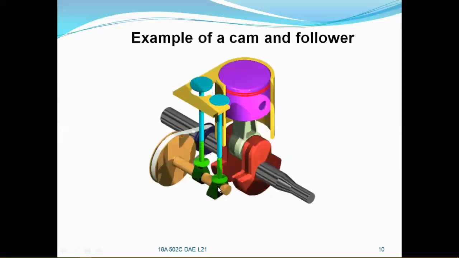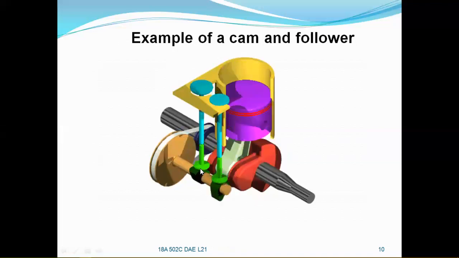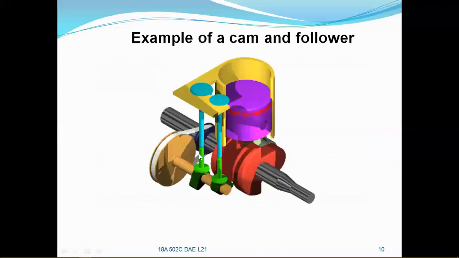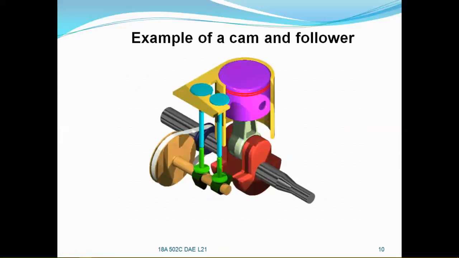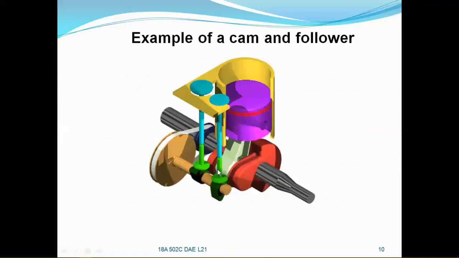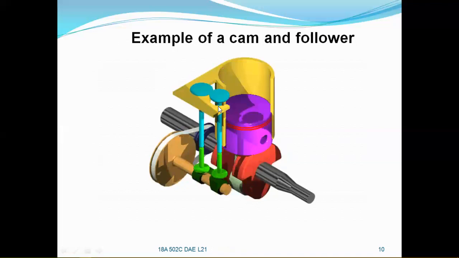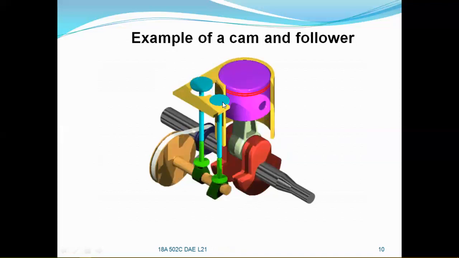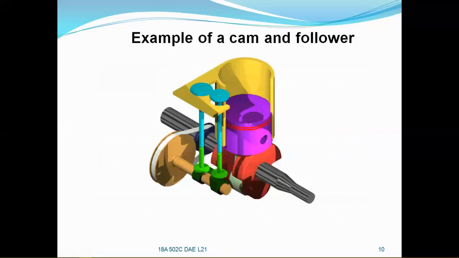On the camshaft, two cams are provided, which give reciprocating motion to the valves. So the valves are always operated by the cam mechanism. When one valve is opening, the other is closing, and then the other valve opens. This is another best example of the cam and follower mechanism, as we see in the automobile industry, in IC engines.